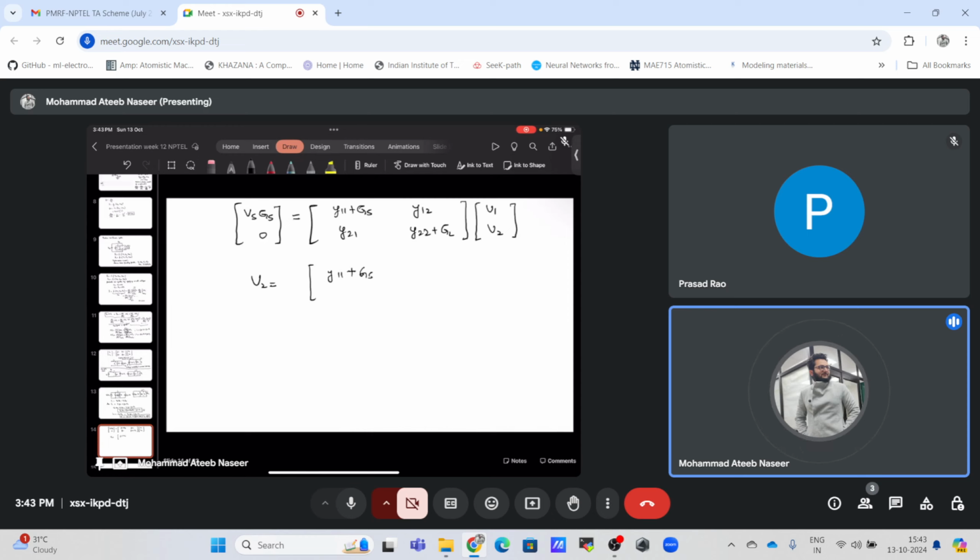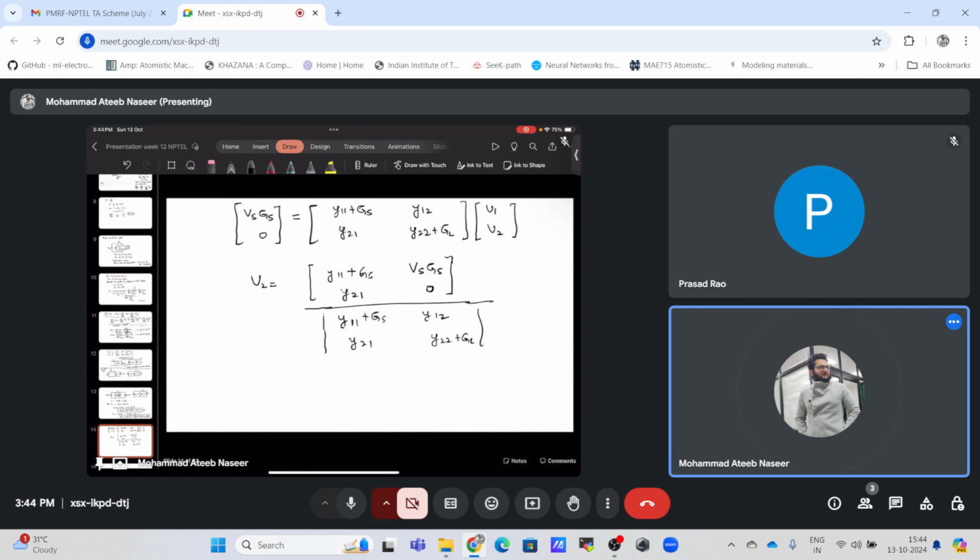So I have to find V2, so I will replace the second column with Vs Gs and 0, divided by the determinant, which will be Y11 plus GS, Y12, Y21, times Y22 plus GL.